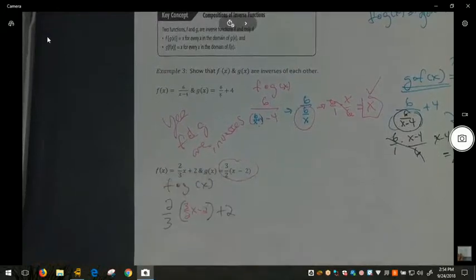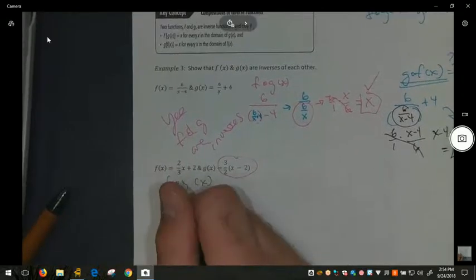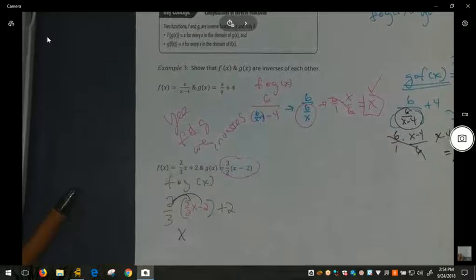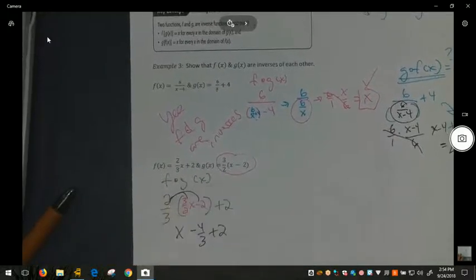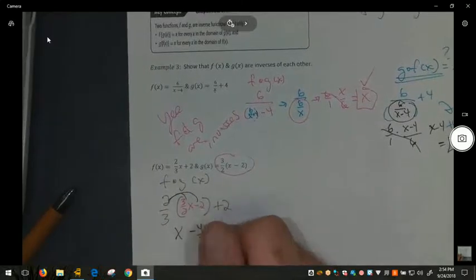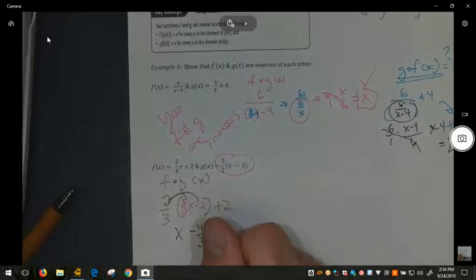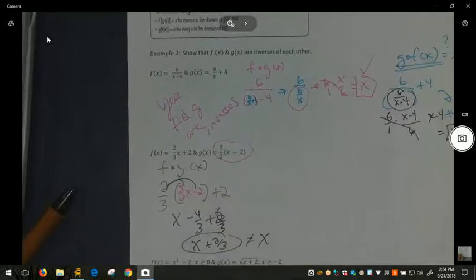When I do this and I distribute, 2/3 times 3/2 is just x. 2/3 times -2 is -4/3, which gives us, in terms of thirds, 4/3, 6/3. That's going to give us x plus 2/3, which is not equal to x.